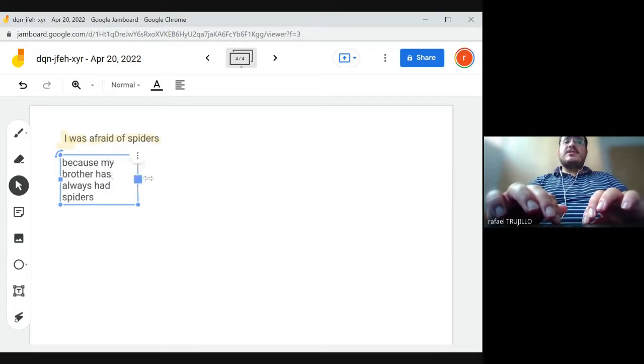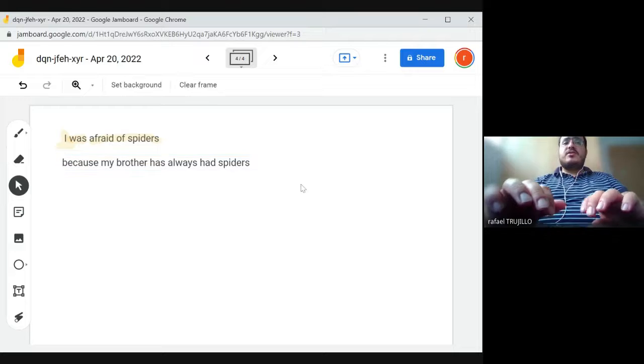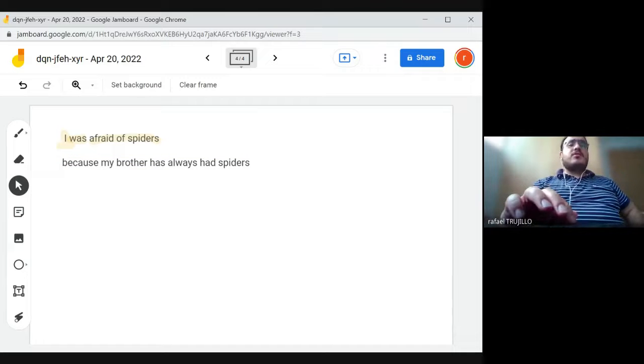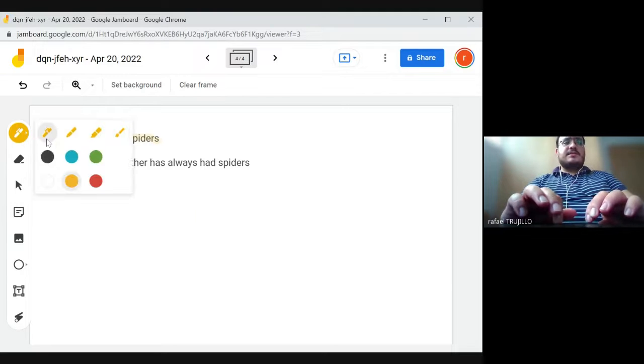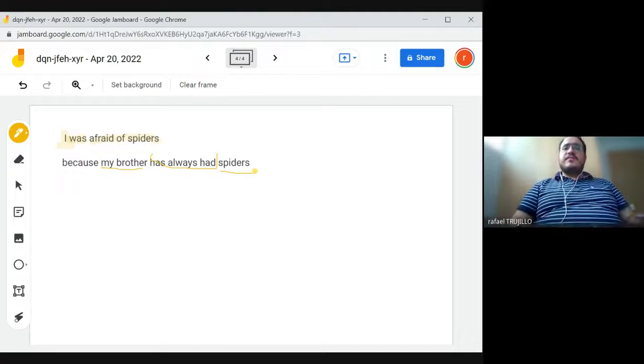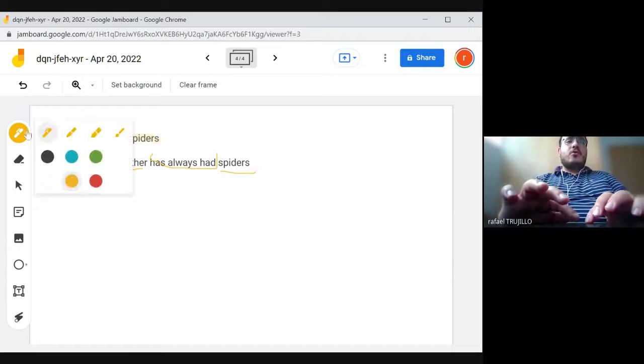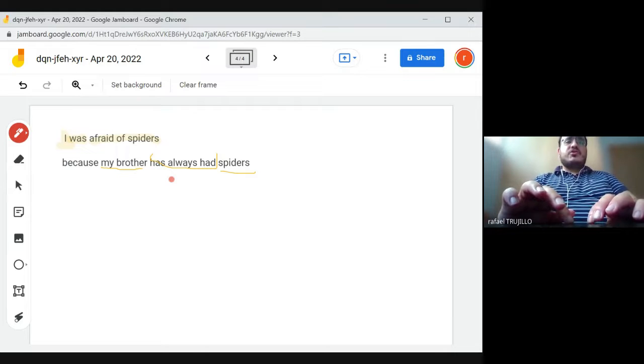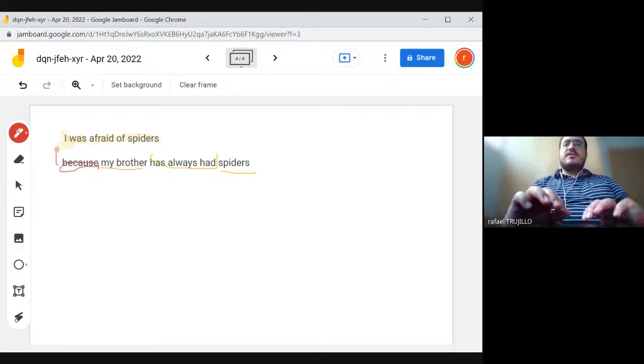What could that be? Again, a sentence. This is also a sentence. My brother, the subject, has always had, verb, and the complement. But we have also a connector, a relation word, because what is this doing? Connecting this sentence with this sentence. Now I have two sentences.